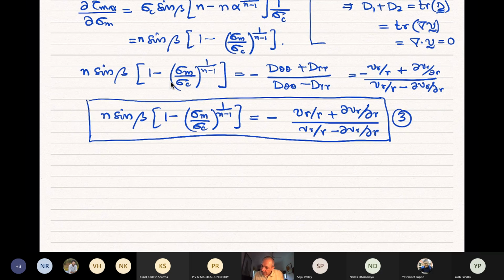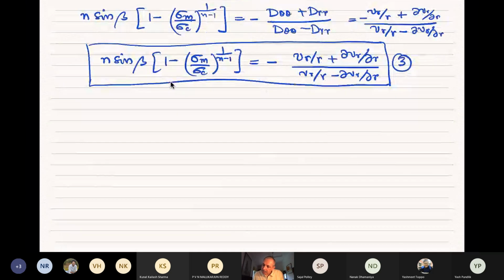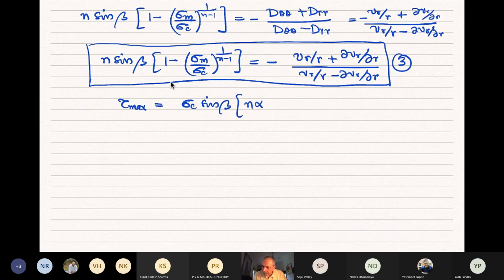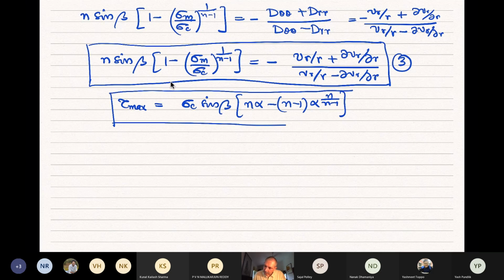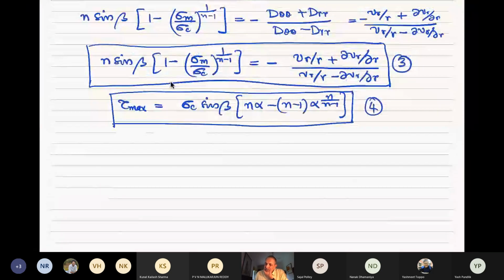And then we have this equation, which is equation 4.